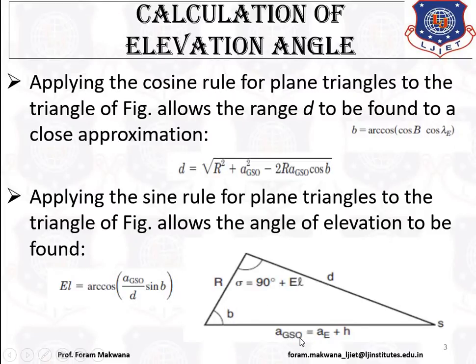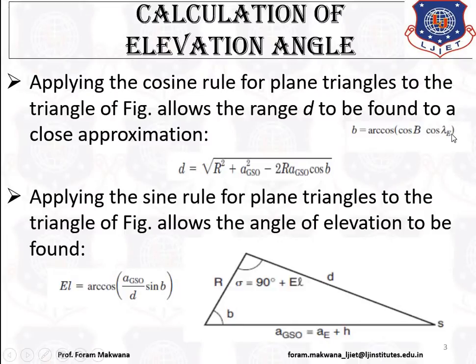AGSO stands for the radius of geostationary orbit, AE stands for the radius of earth, and H stands for the height of the orbit, or you can say the specific height at which a satellite is located. Sigma is equal to 90 plus elevation angle. EL stands for elevation. Over here a small b angle is present. Small b is equal to arc cos, that is cos inverse, of cos capital B into cos lambda e.